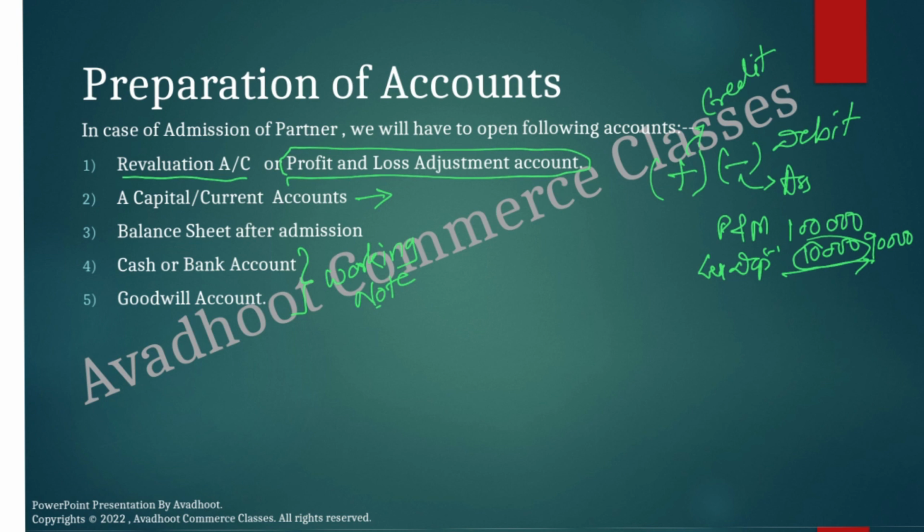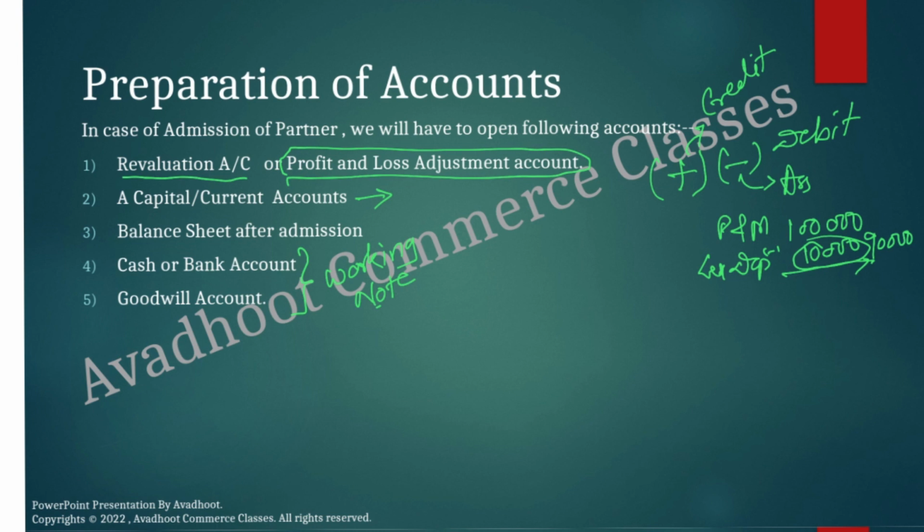If it is a credit balance on the liability side, that is to be given to the partners' capital account credit side. If it is appearing on the balance sheet asset side, then it is to be debited to the partners' capital or current account. In case of fixed capital method, directly write the capital balances to the new balance sheet on the liability side, whereas open the current account and make all these adjustments to the partners' current account only.